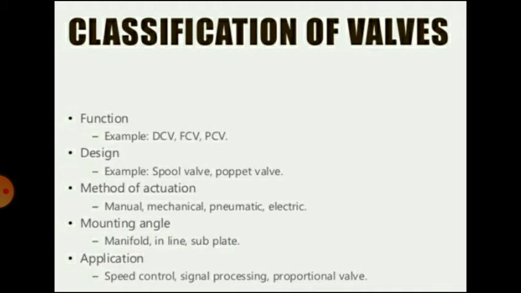According to design, spool valve and poppet valve. According to method of actuation, manual, mechanical, pneumatic, electric. According to mounting, manifold, inline, and subplate. And according to application, it is categorized as speed control, signal processing, and proportional valve.